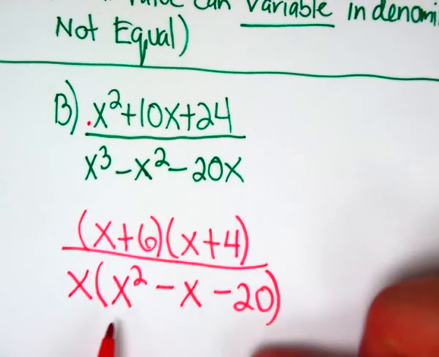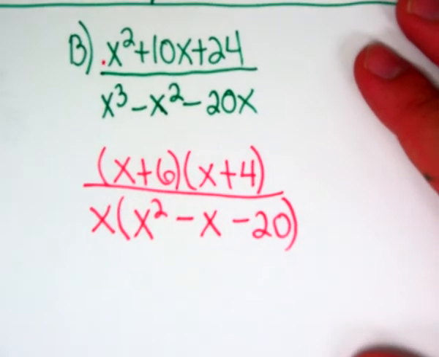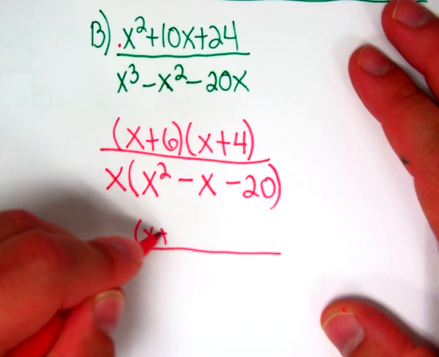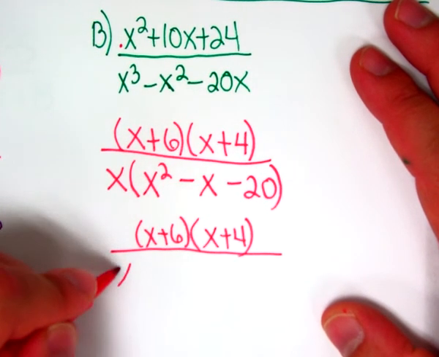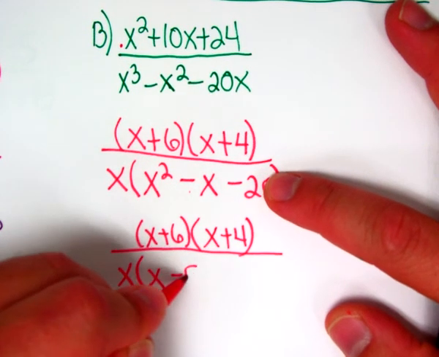This is a trinomial leading coefficient of 1. So that means that we can factor that even further, and we're going to have an x plus 6 times x plus 4 on top, x times the factors of 20 that add up to negative 1 are negative 5 and positive 4.